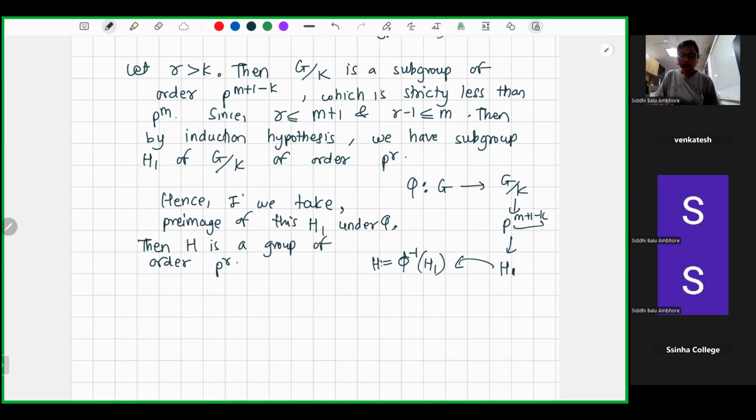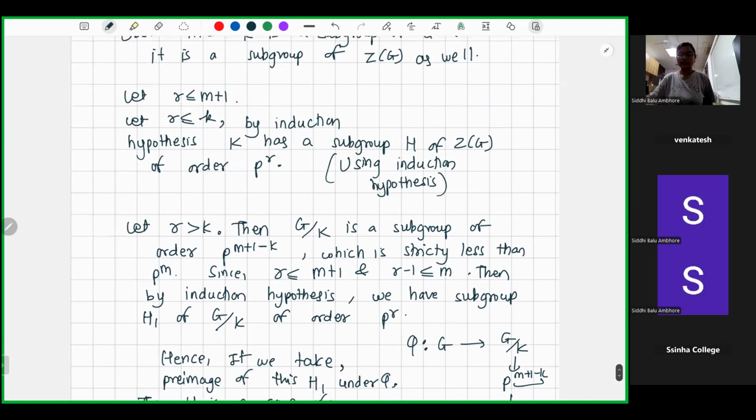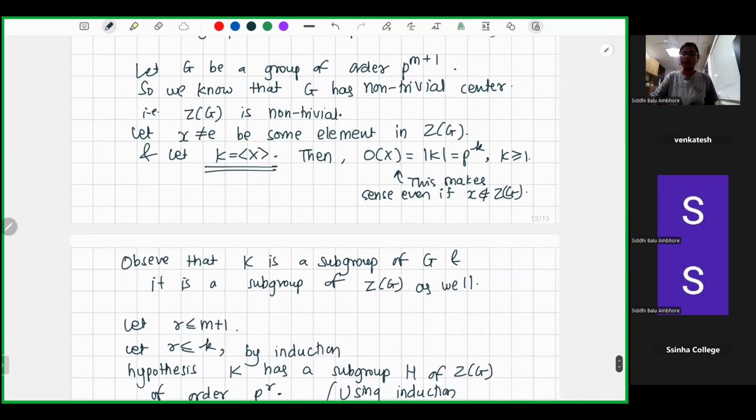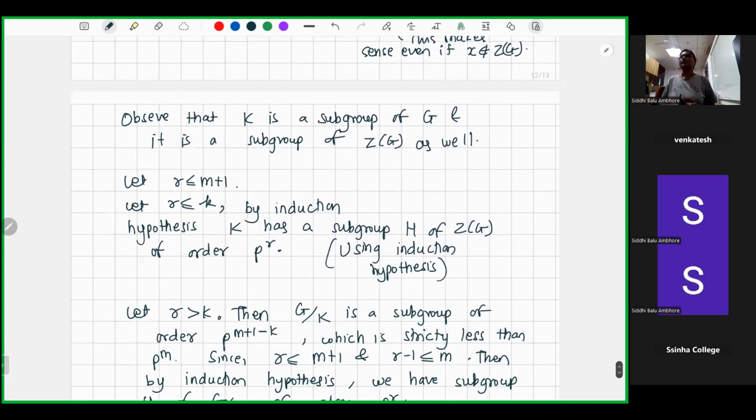So what we do is, for r less than k, we take the help of the center of G. Whatever is the order of the center of G, we will have all the subgroups of order p power r till that k.